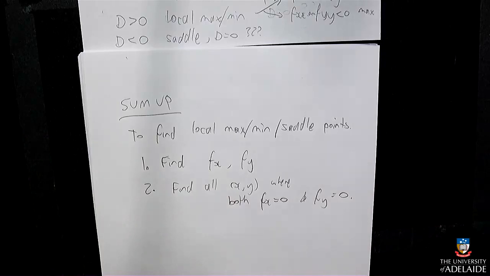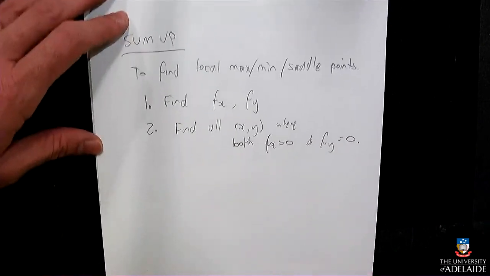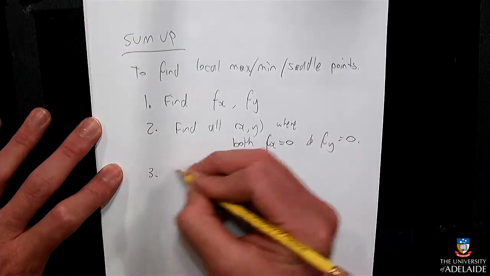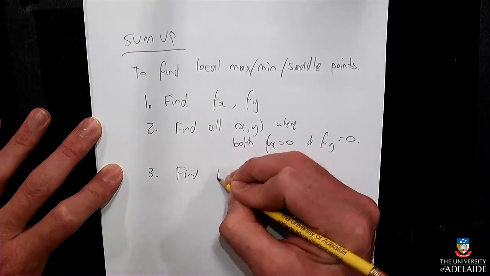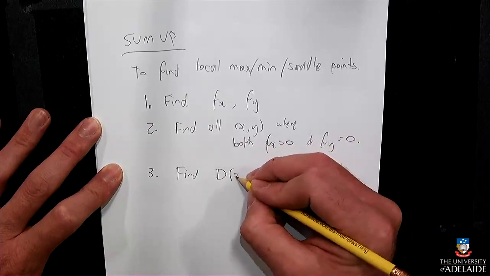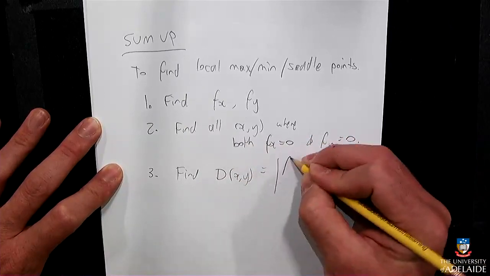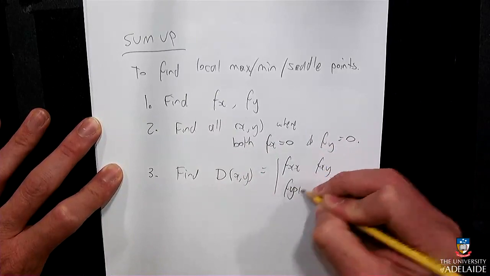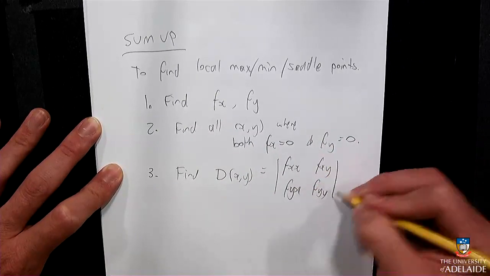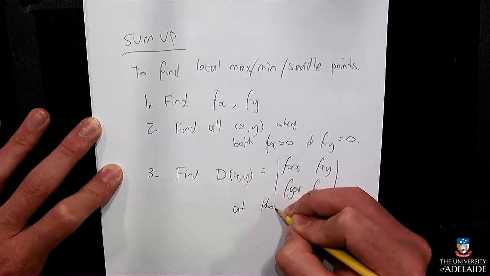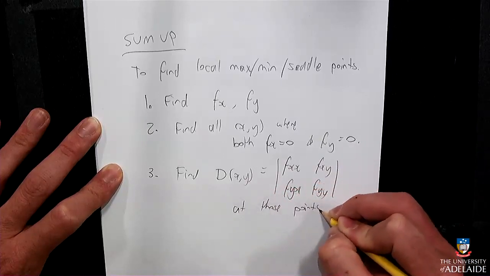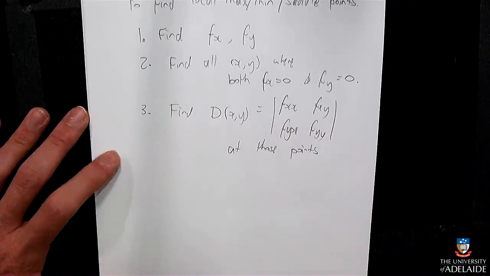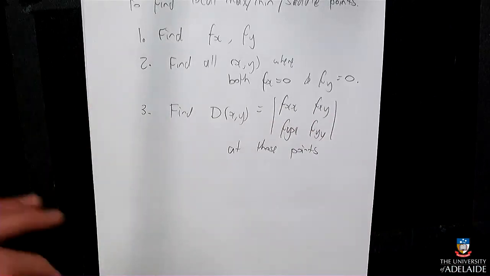You need them both to be 0 at the same time for it to be a local maximum or minimum or saddle point. And 3, find D at those points, and then we'll get exactly the thing that I said before.